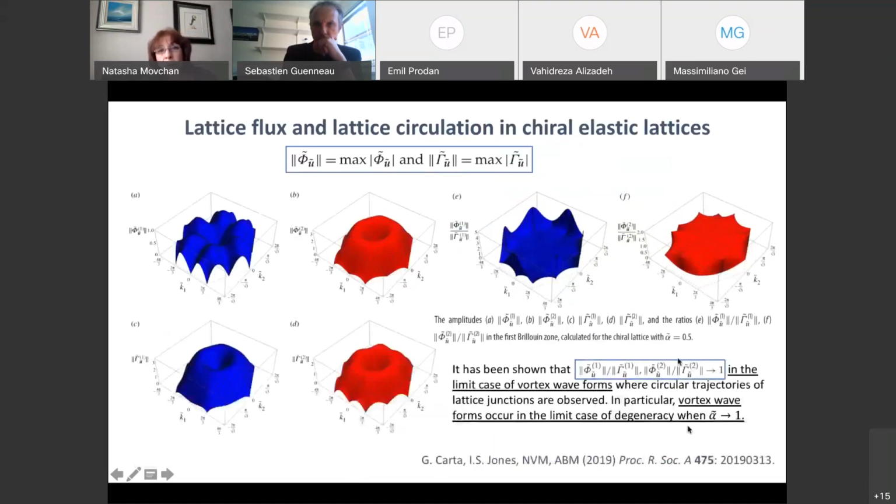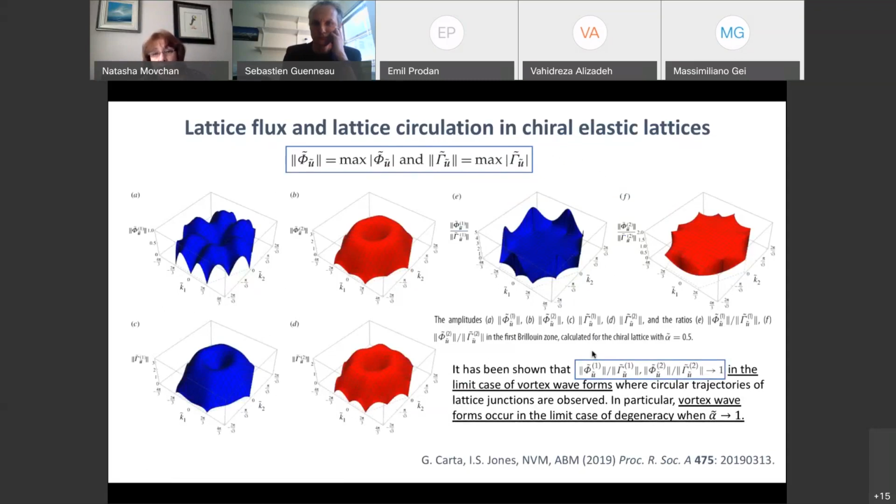Now, we can also plot this lattice flux and lattice circulation. In fact, we plot here the amplitudes of those, defined as the maximum of the modulus. And what we are interested in is finding the points on the amplitude plane where we have vortex waves.